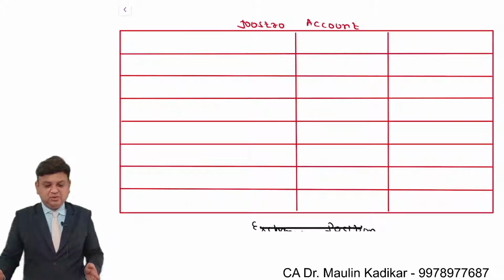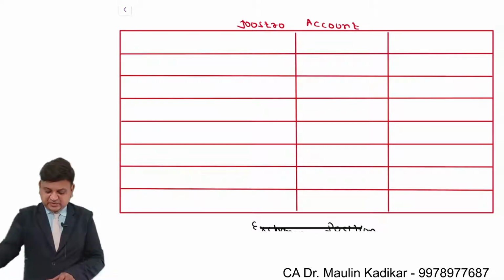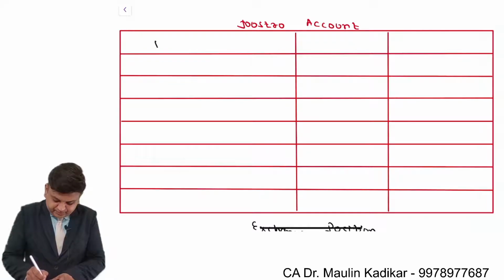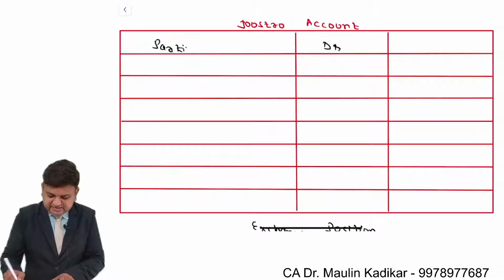Suppose a dealer in foreign exchange has the following position in the Swiss franc on 31st of January 2018. Balance in the Nostro account credit 1 lakh Swiss franc. So particulars, debit balance and credit balance. Your opening balance is credit 1 lakh Swiss franc.